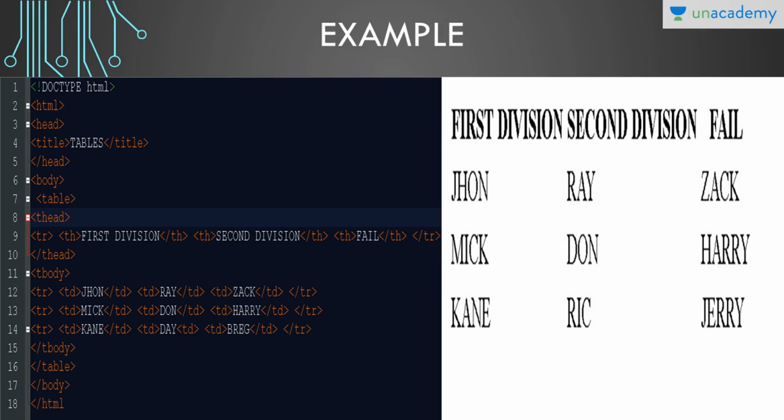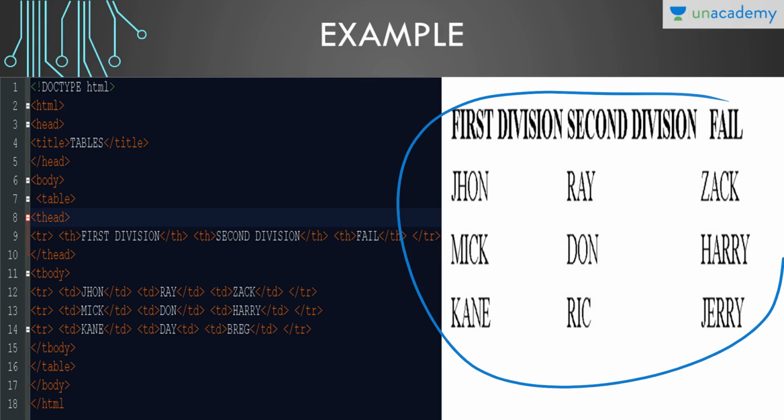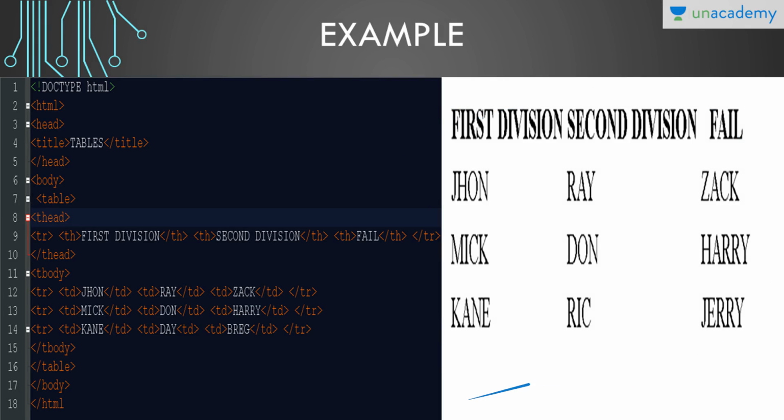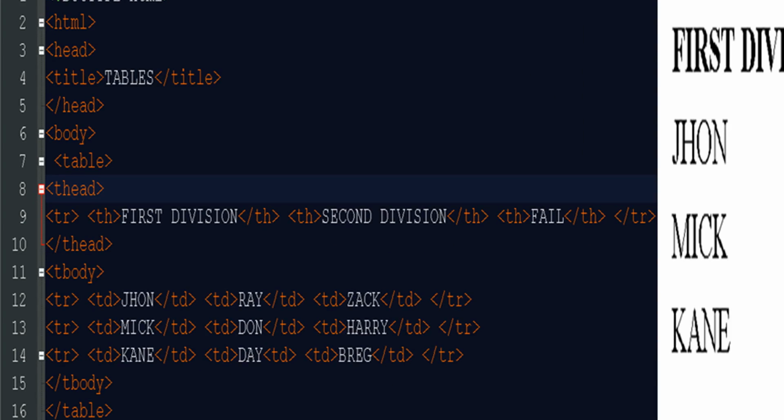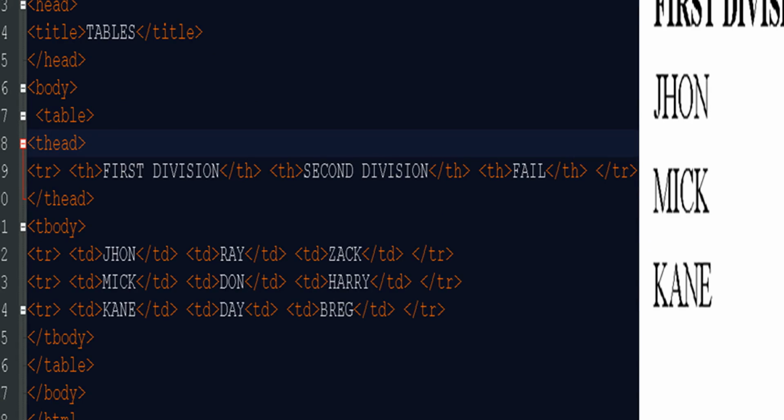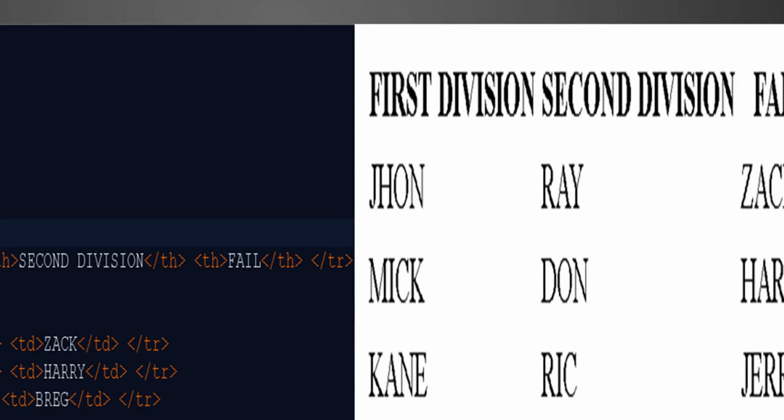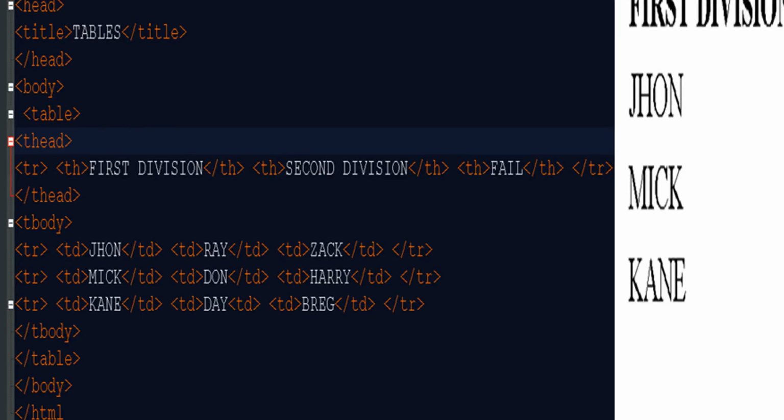So let us see an example of the table. Here you can see on the right side that our table will look like this. So here we can see the basic code. Here is our body section, and after that I have used the table. This is the closing of table, right? Here you can see I want my heading to be first division, second division and fail, right?